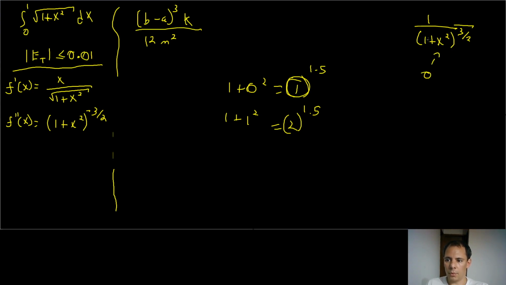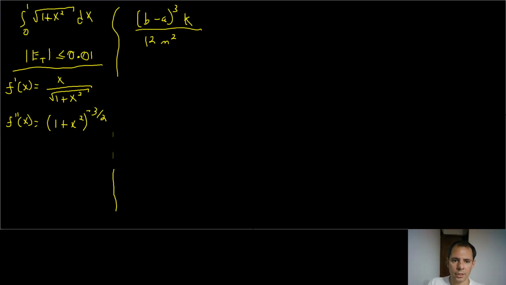It's going to be 0 squared plus 1, that's 1. 1 to the 3 halves is 1. So in the end, it's going to be 1 divided by 1, which is 1. Okay, so 1 is the maximum second derivative. It's the maximum absolute value of the second derivative in the domain from 0 to 1.